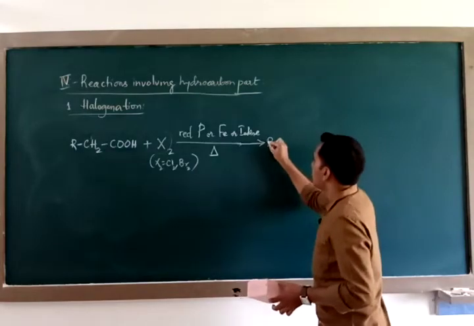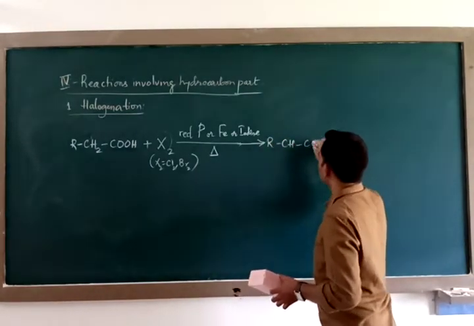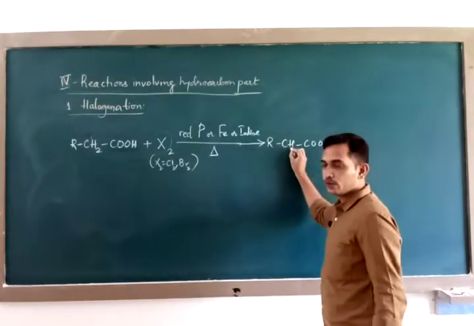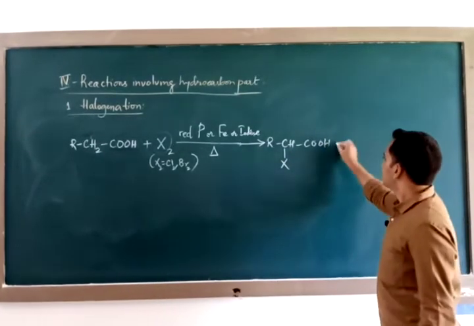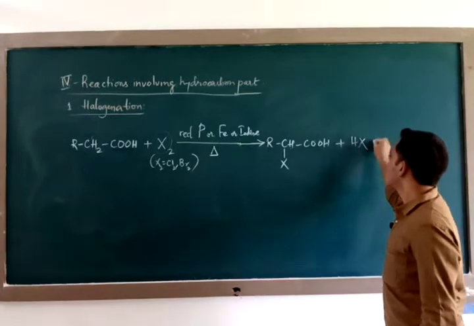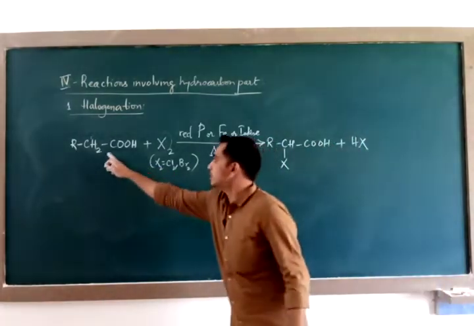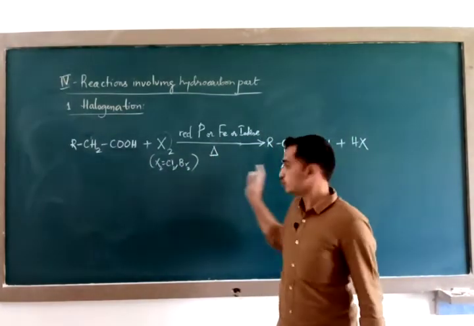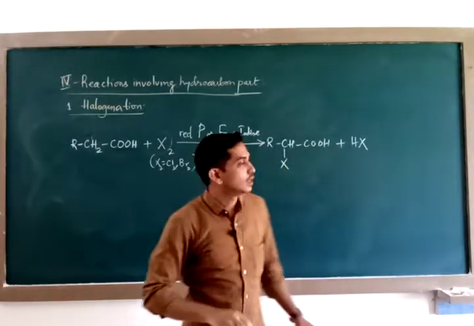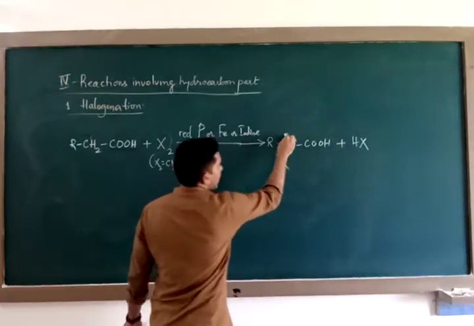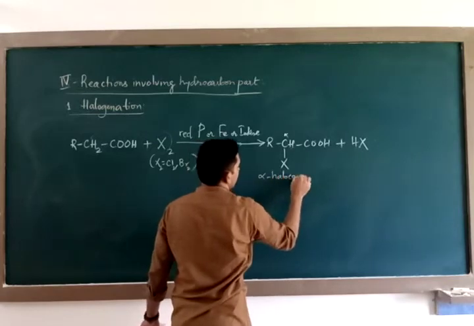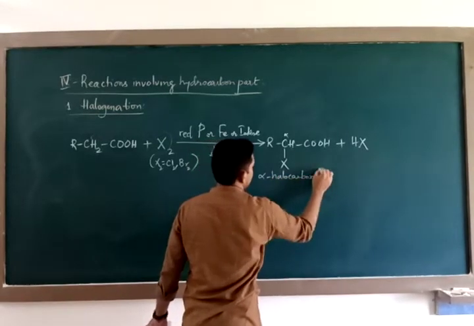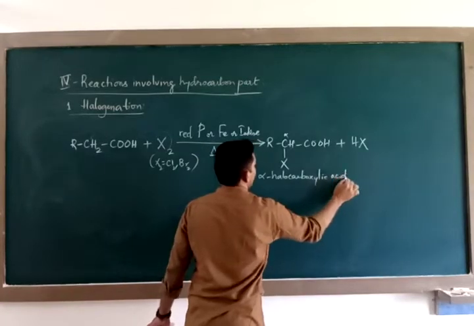How? See, RCH2COOH: you removed one hydrogen from here, substitute one halogen, plus HX. You removed one H from here, X from here, so they are byproducts. Now this is alpha carbon, therefore it is alpha halocarboxylic acid.